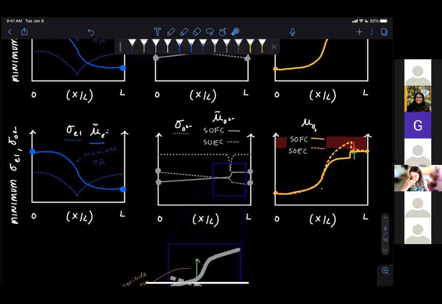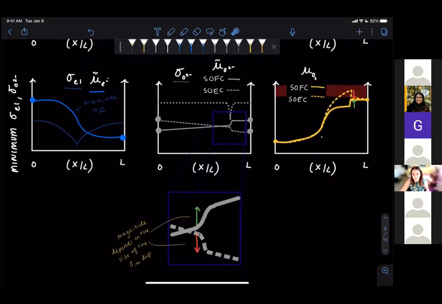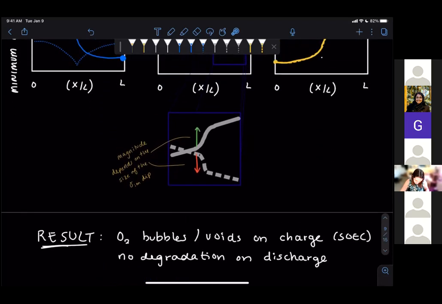And so the work I've been doing recently is actually replicating the model parameters based on YSZ to create this. And again, my computer has not been happy about it, but I am working through it slowly. So one of the things that I think is most important and very interesting for a lot of us here is that you have oxygen bubbles or voids forming on charge.